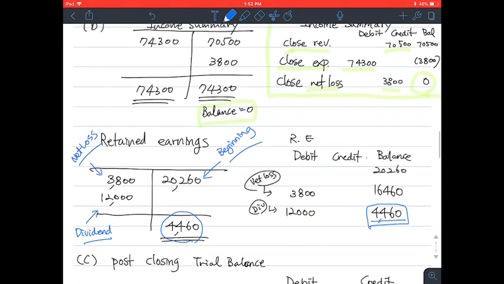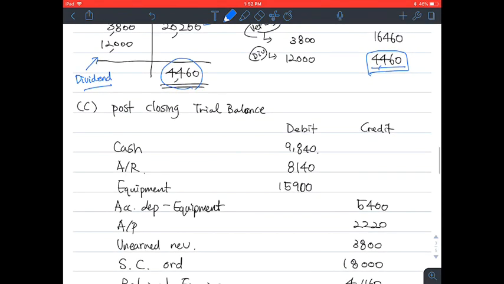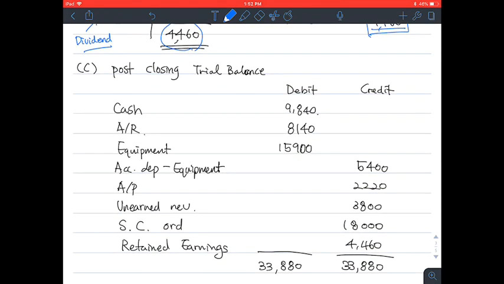So let's move on to question C, post-closing trial balance. After closing entries, you will only have financial statement items and retained earnings. That is also a financial statement item, right?